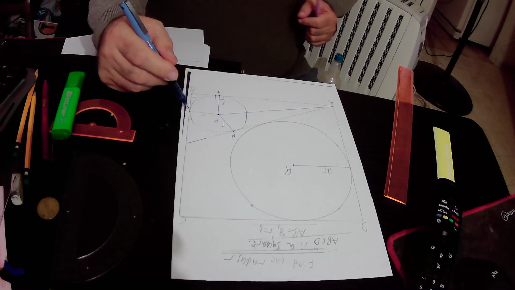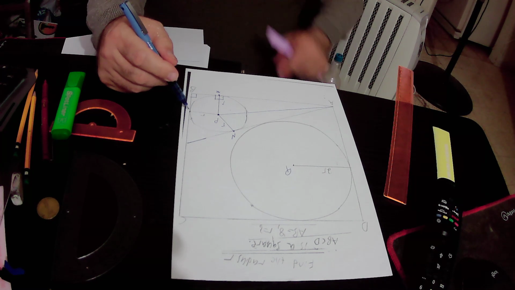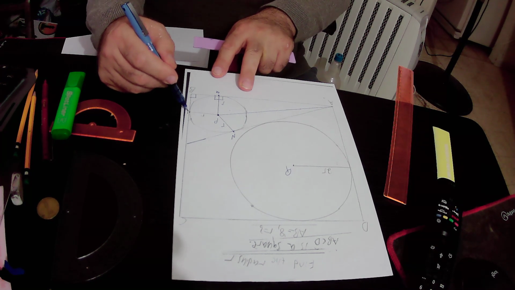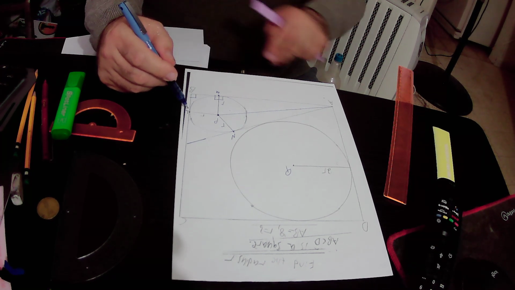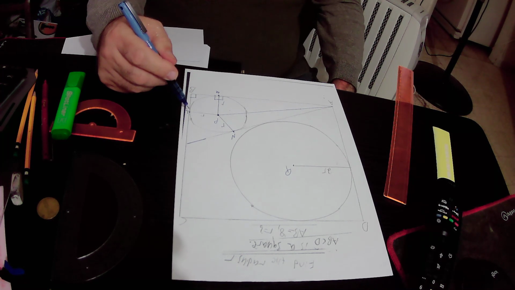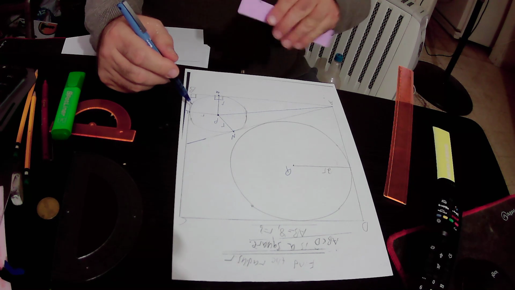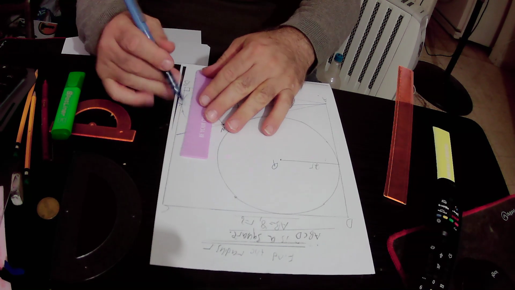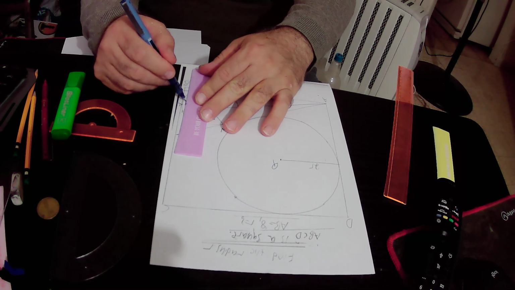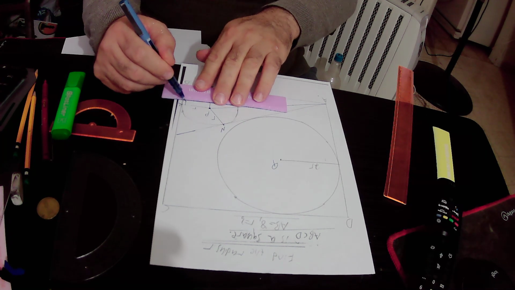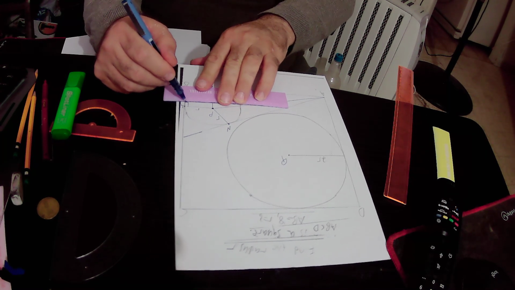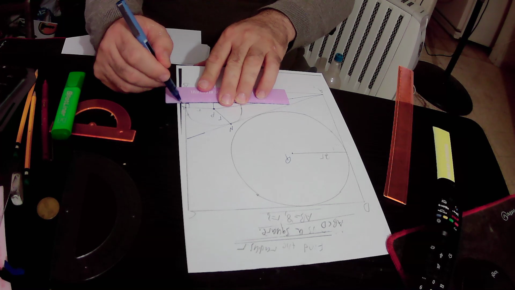We will define this point as point L. So at point L, the tangent BC is perpendicular to the radius. This is to say, this angle equals 90 degrees. Okay?